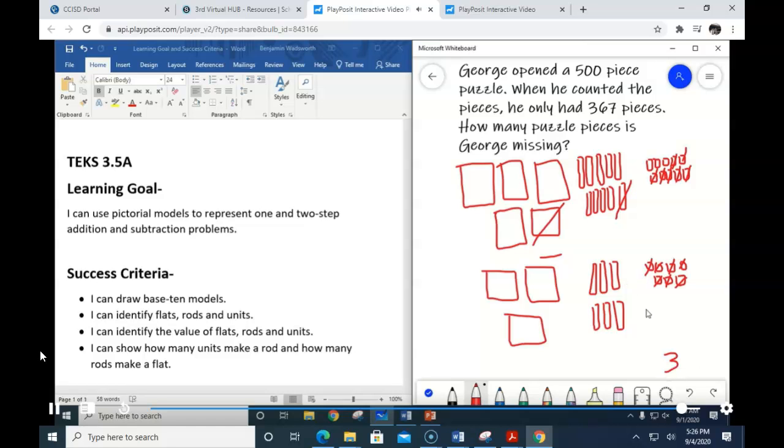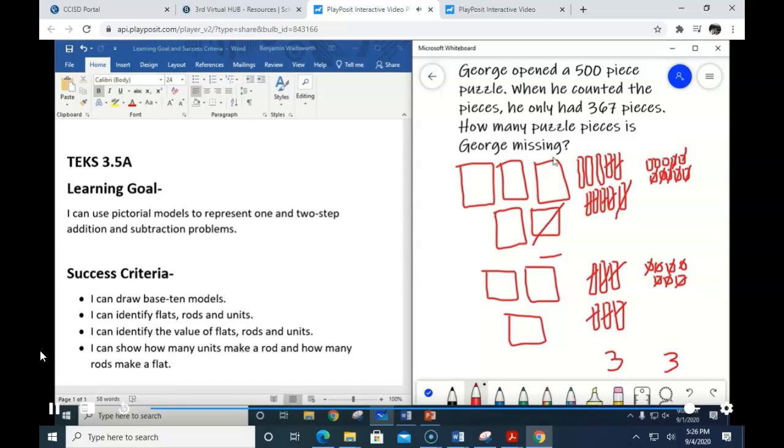Okay? Then we're going to do the same thing with our rods, right? 1, 2, 3, 4, 5, 6. Okay? 1, 2, 3 rods left.